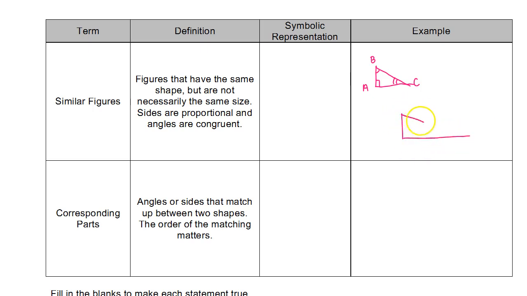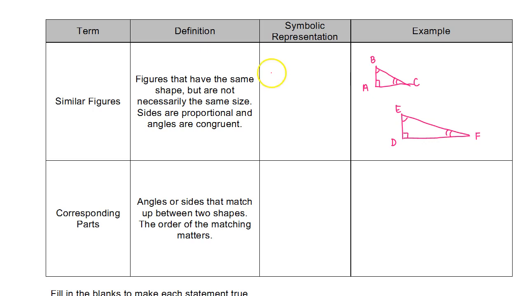Try to get it a little bit better. Okay, not as bad. And I'm going to call this triangle DEF with a right angle down there in angle D, a single arc up here in angle E, and a double arc in angle F.